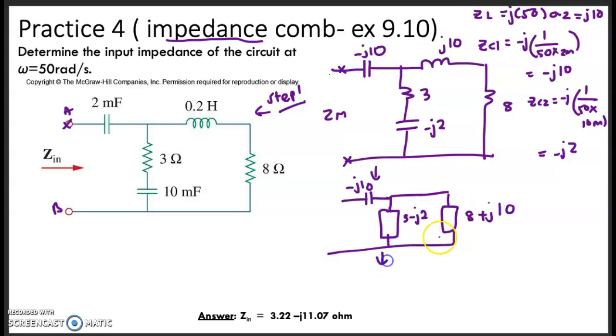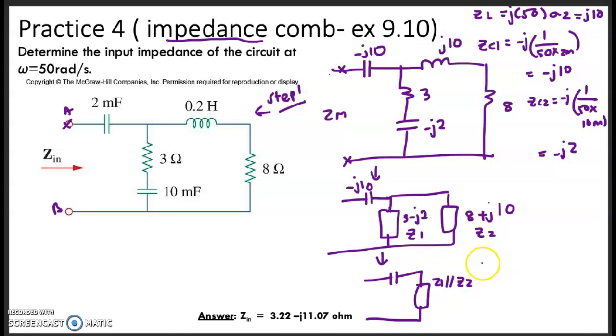Okay, after that, this is, for example, Z1, and this is Z2. So these are parallel, right? What is the Z equivalent here? Here is Z1 parallel to Z2.